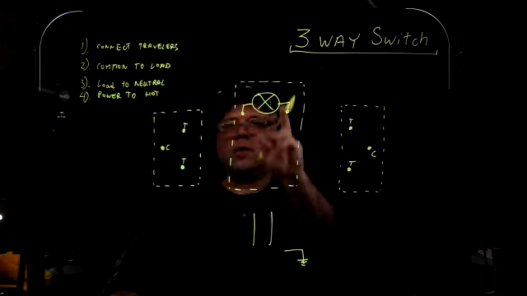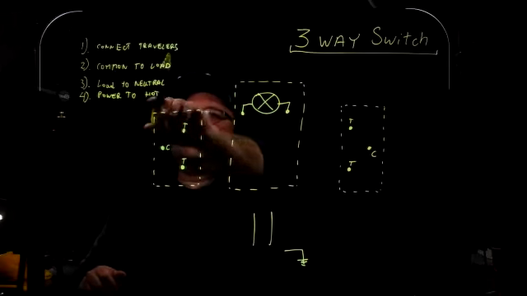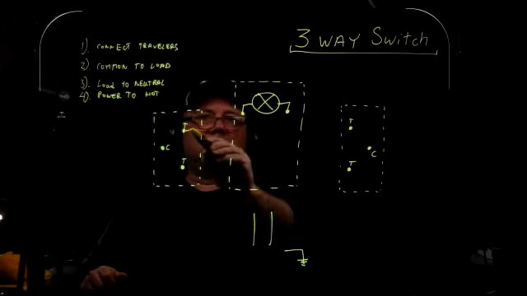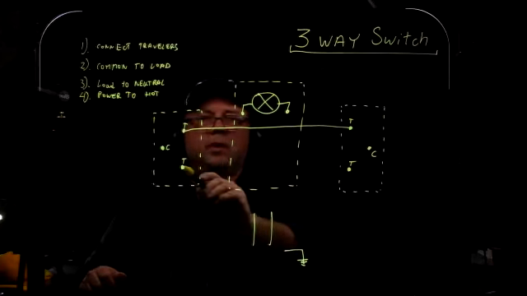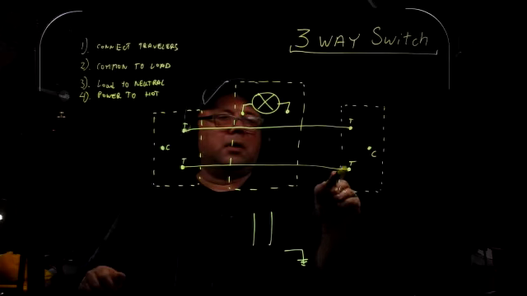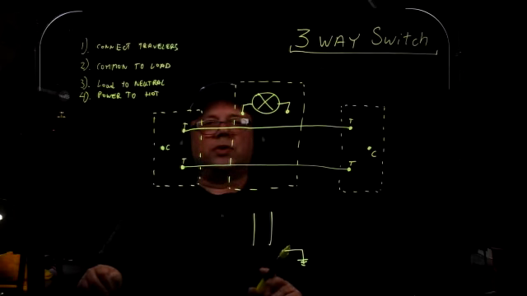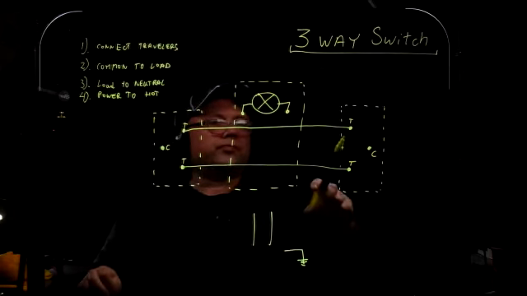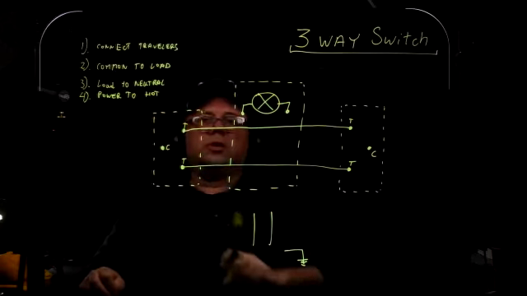All right. Well, let's just see here. Connect the travelers. Okay. Connect the travelers. See, we're traveling through the boxes here. All right. Travelers are connected. Then we are going to connect the common to load, either or.